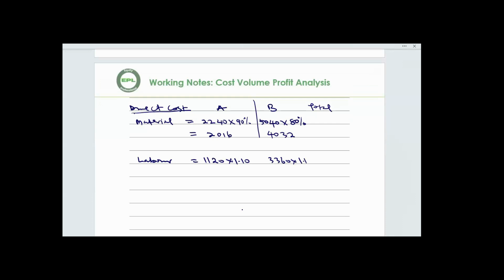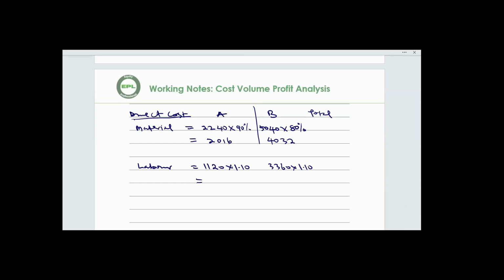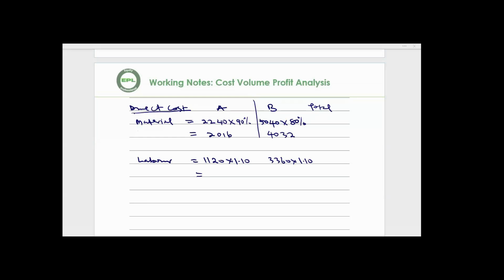That gives 1232. Then for B, it will be 3696. So that's that.